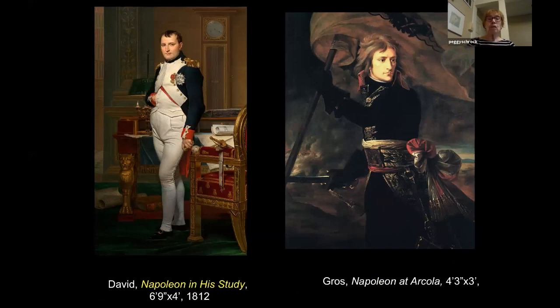Now, we just saw one side of the Napoleonic War. We're going to look at the other side in just a moment, but I want to say something about Napoleon himself, because this man's personal taste affects the direction of art. He's the emperor from 1804 to 1814, and during that period, he has a lot of art commissioned.